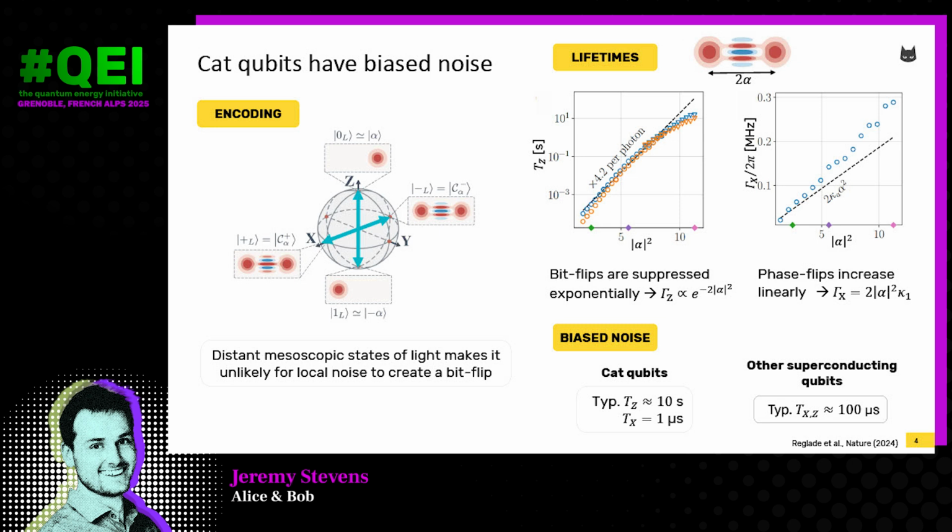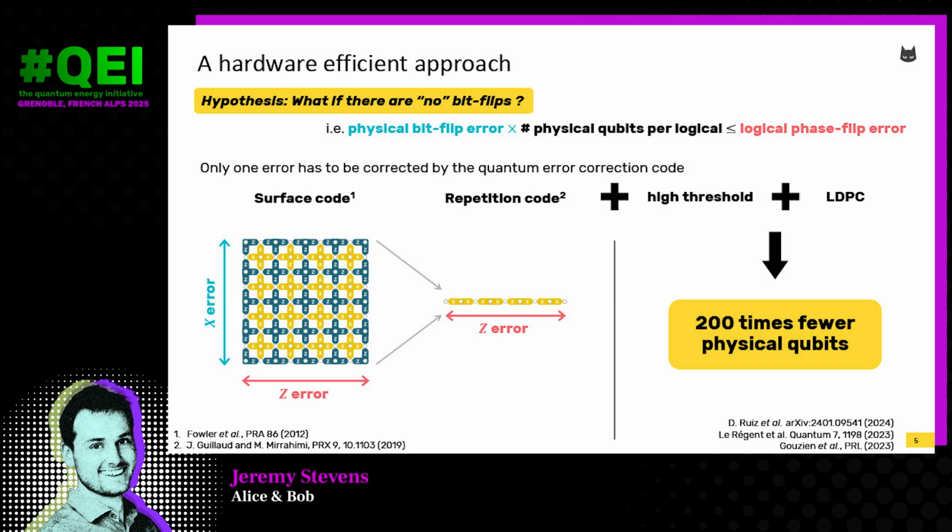Okay, so the question you want to ask yourself then is, what if I make the hypothesis that there are just no bit flips? When I mean there are no bit flips, I mean that the physical bit flip error times the number of physical qubits per logical qubit is smaller or equal to the logical phase flip error. In this situation, my quantum error correction code only needs to correct for 1 type of error, the phase flip error.